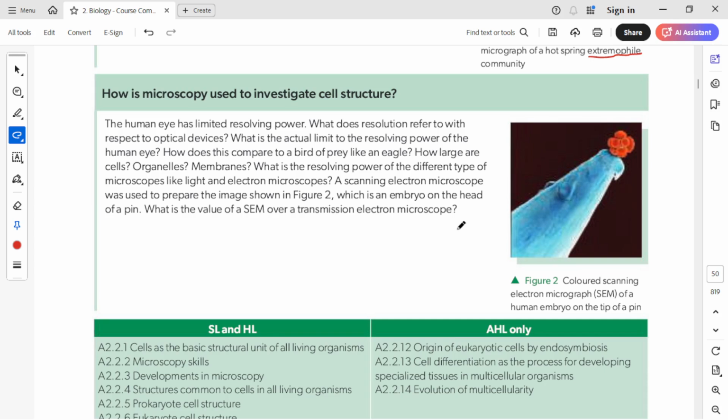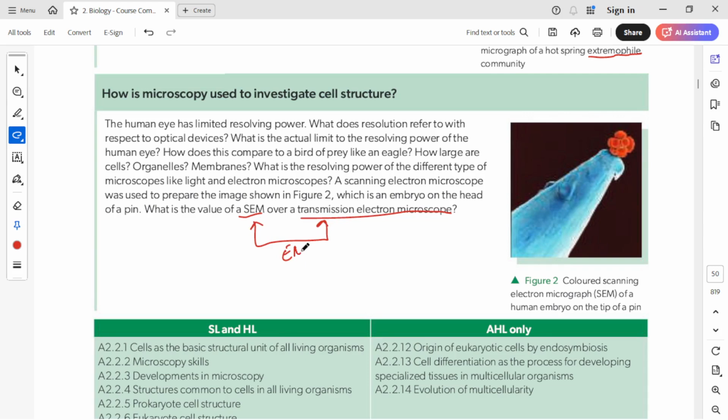So for that purpose we invented the microscope. The first ones that came into existence, just like we discussed, were the light microscopes, and after that we have electron microscopes. The electron microscopes are of two types: the scanning electron microscope and the transmission electron microscope. These two are basically the electron microscopes.